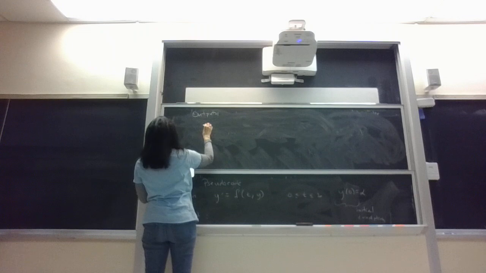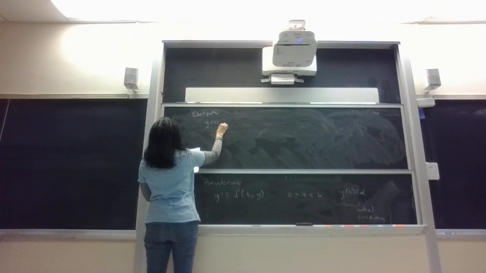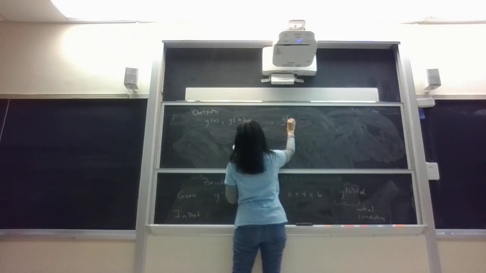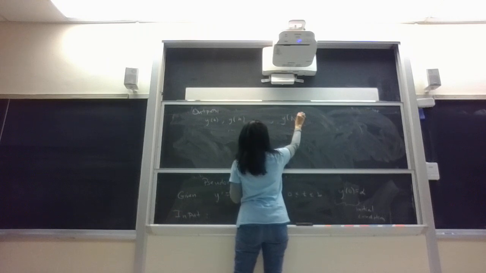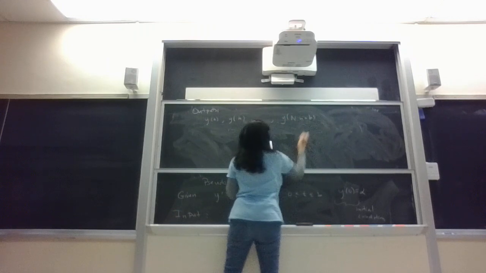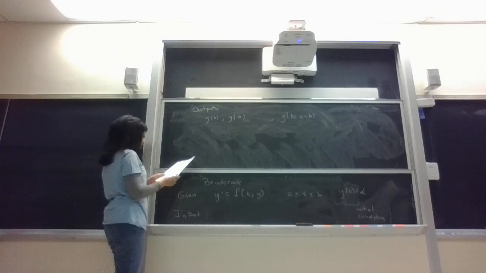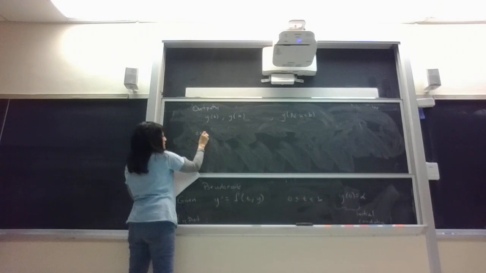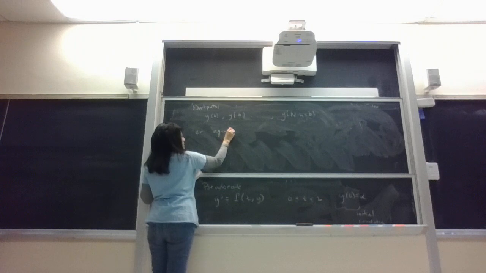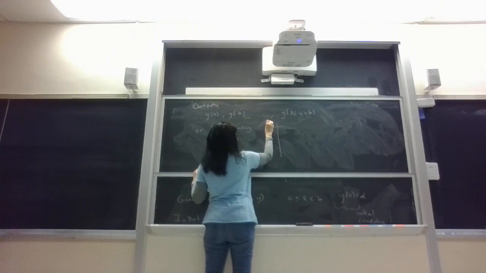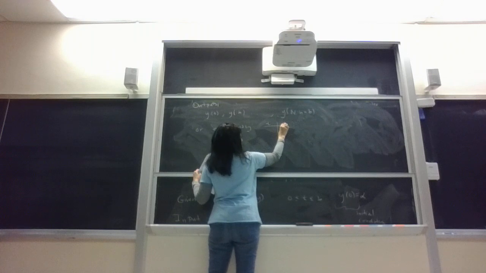You want y at 0, y at h, ..., y at n times h, which is b. So you want all those chunks, the y values. Or equivalently, like I had in the Excel spreadsheet, you'll want the t values and the y values.